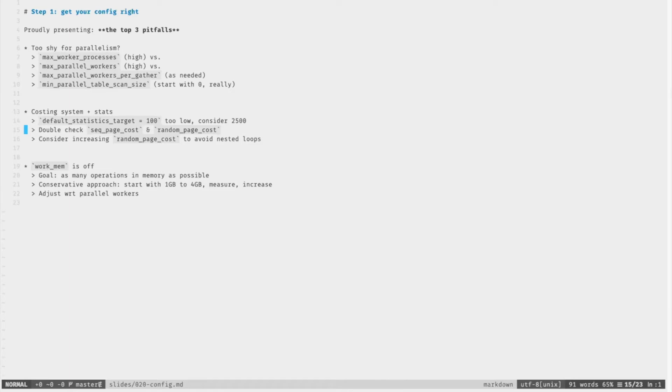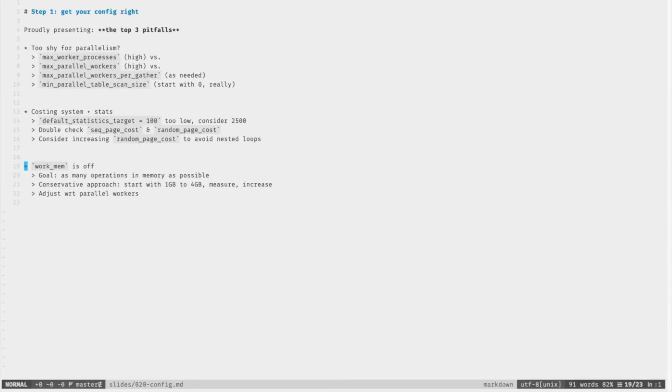And the same holds for other queries which really benefit from nested loops because there are not many rows to fetch, right? But on the other hand, you want to balance this. So in your journey of configuring Postgres, consider increasing random page cost. Even if it's just for a trial, it doesn't hurt, because Postgres is quite smart about this. If it wants to use nested loops and random pages, it's going to use them.